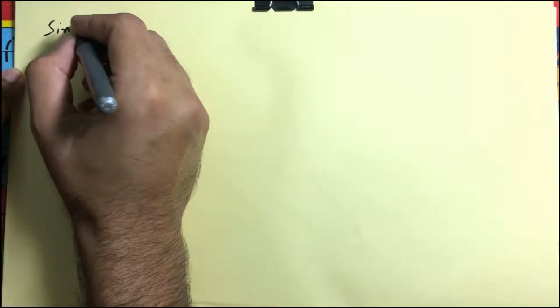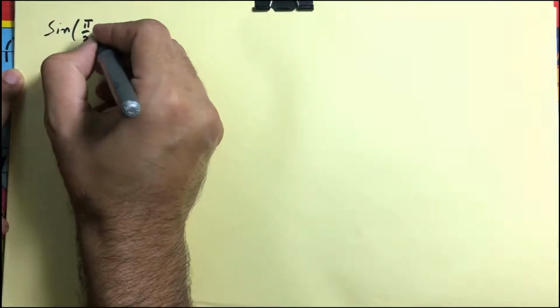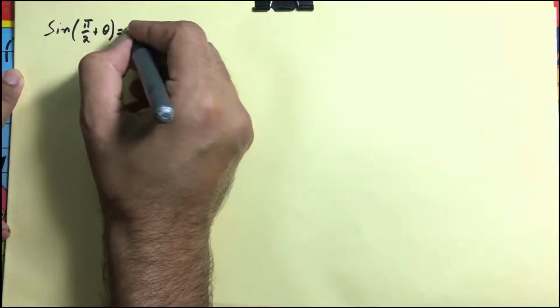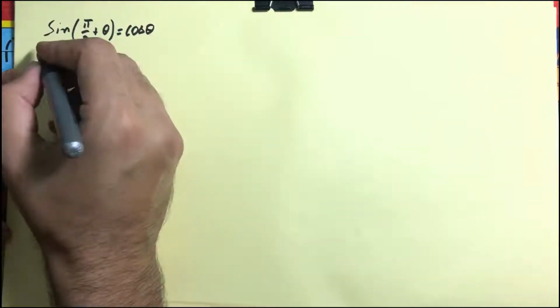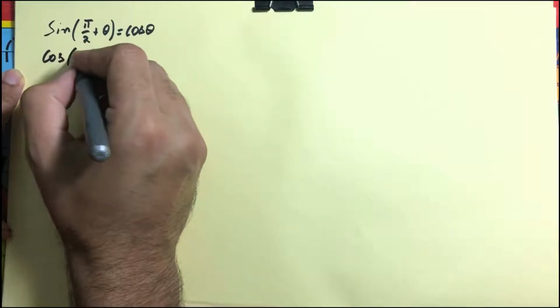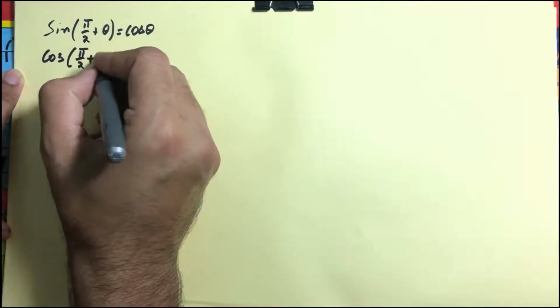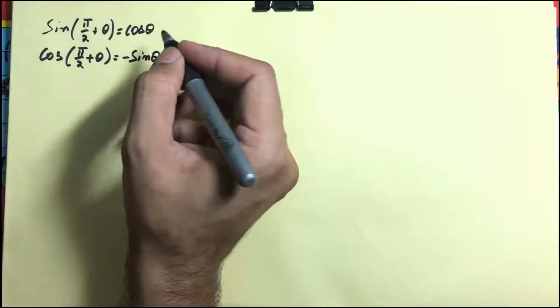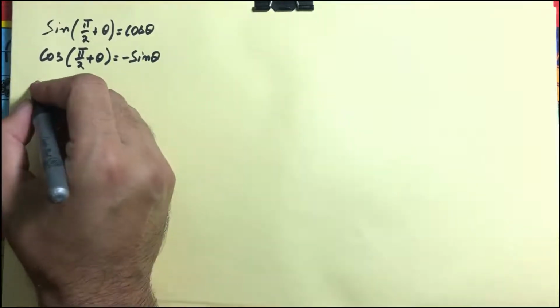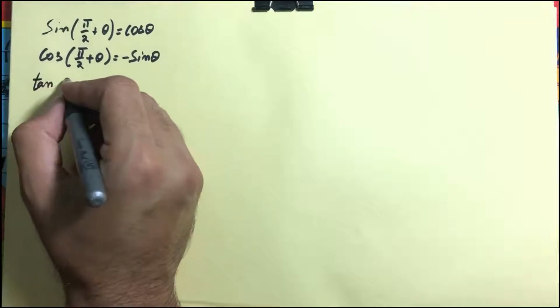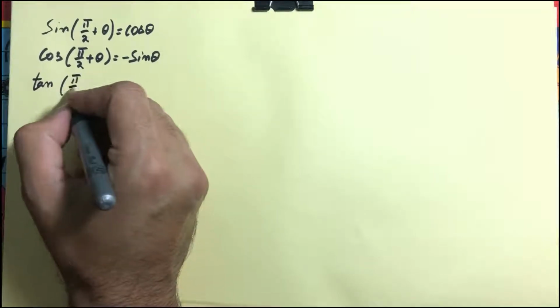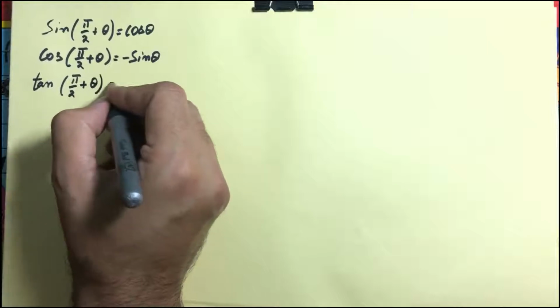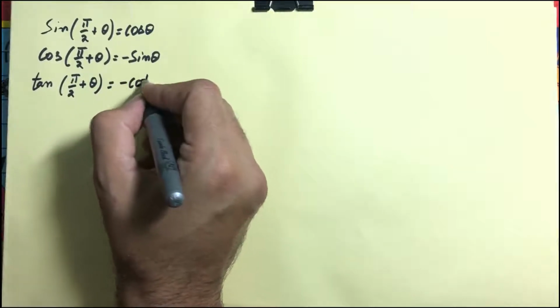So now for any positive angle theta, we have sine of pi by 2 plus theta equals cos of theta. Cos of pi by 2 plus theta is equal to minus sine of theta. We will see why we have a minus sign here. Next, tan of pi by 2 plus theta is minus cot of theta.